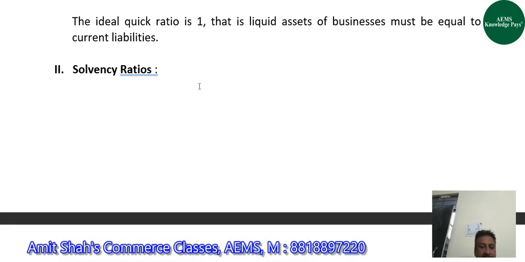Okay, guys, liquidity ratios are used to determine capacity of a business to pay off its short-term or current liabilities, whereas solvency ratios are used to determine capacity of a business to pay its long-term liabilities.